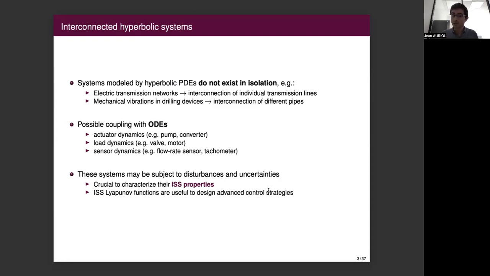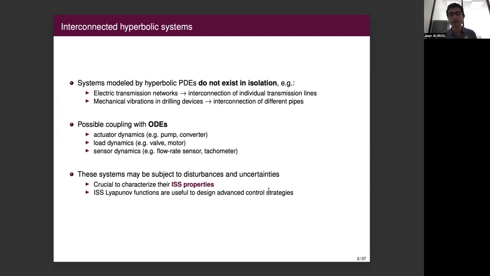You can also have couplings with ODEs that can model actuator dynamics, load dynamics, or sensor dynamics. Currently I'm working a lot on interconnected systems, but today I will mostly focus on an elementary system, which means that one boundary will be completely actuated. I want to emphasize that this system may be subject to disturbances or uncertainties, so it might be crucial to characterize their ISS properties.